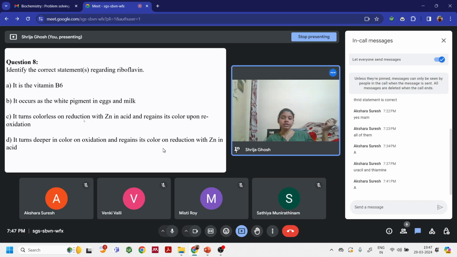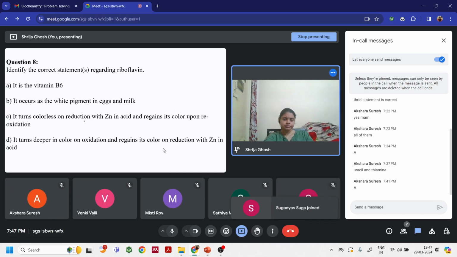Which of the following statements is correct about riboflavin? What would be the correct answer? Anyone knows?